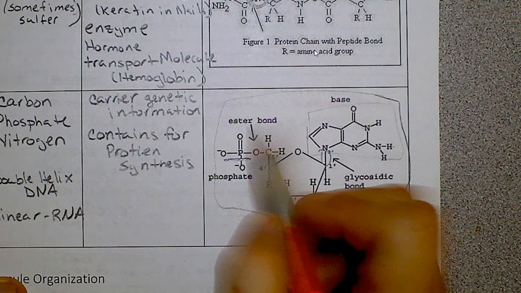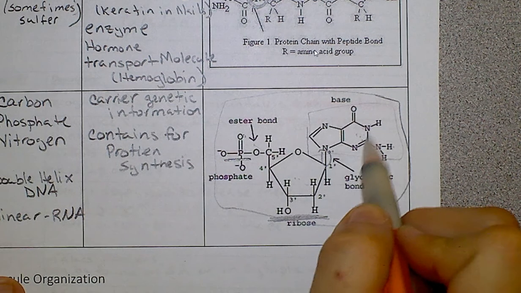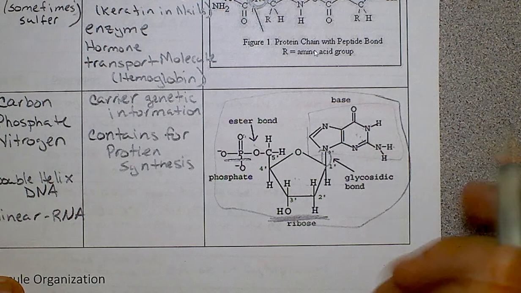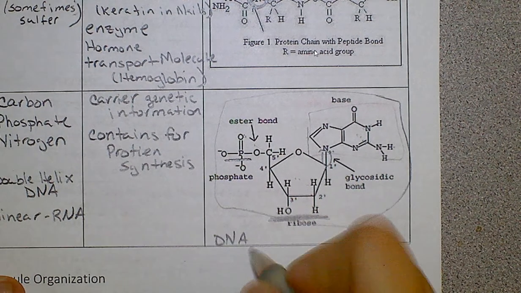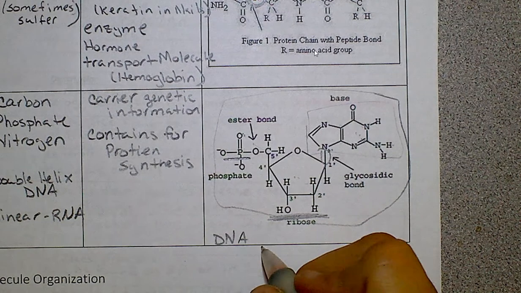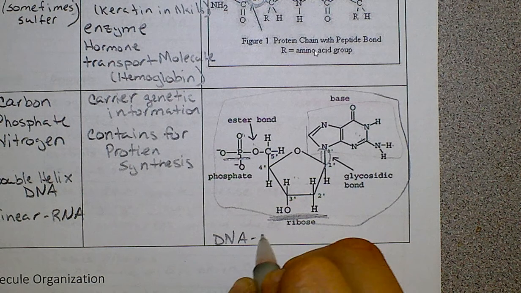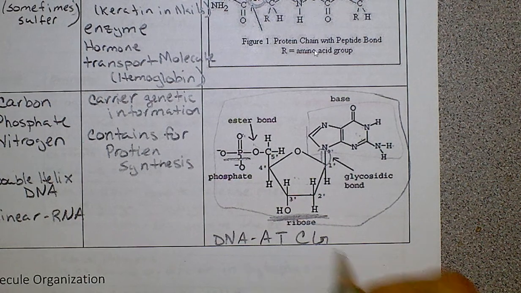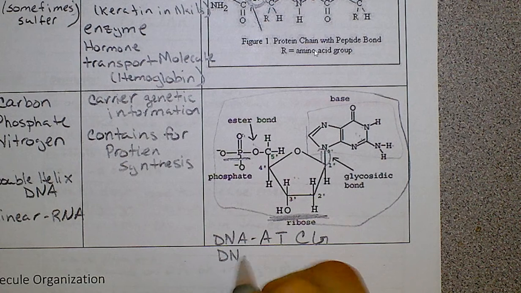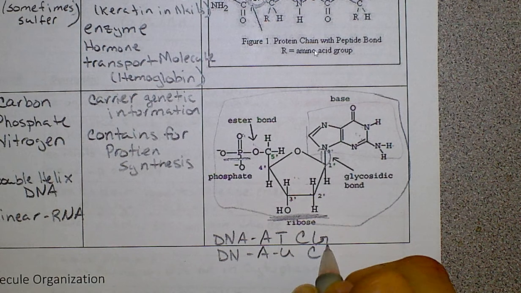These will always be the same. Your bases will always change. Your DNA, you're going to have A to T, C to G. For RNA, you're going to have A to U, C to G.